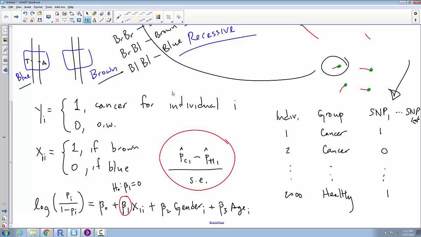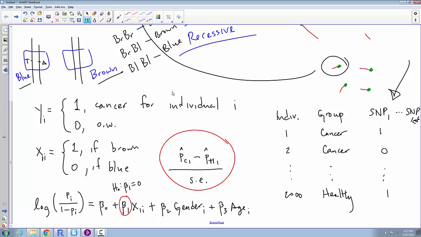Another twist on that is if instead of cancer versus normal, yes or no, 0, 1, we have a continuous response that we're interested in, like PSA, prostate-specific antigen, a protein that your doctor will quantify, as a risk factor for prostate cancer.